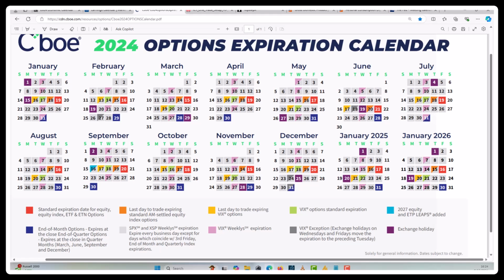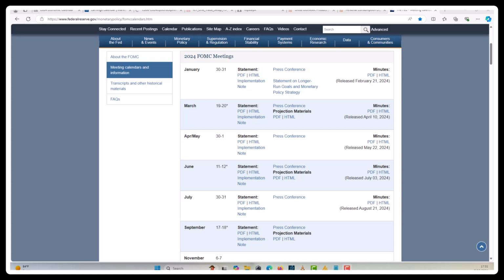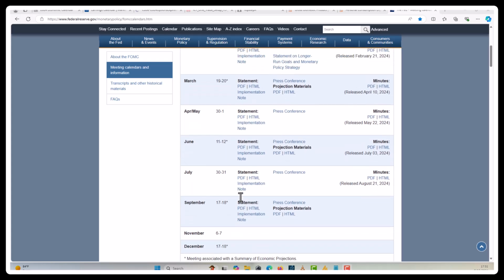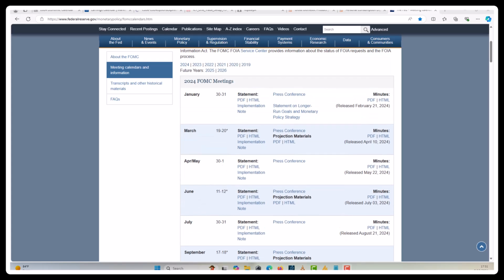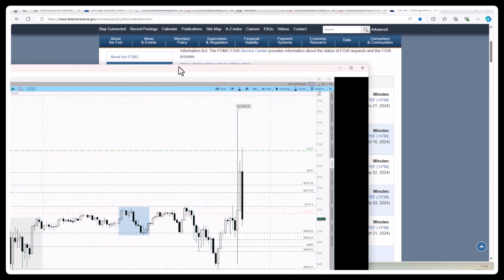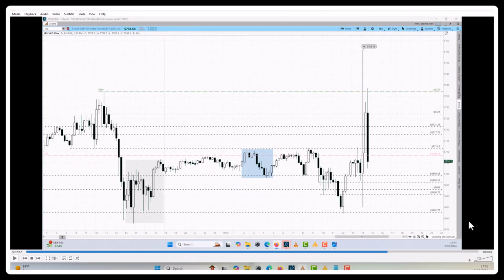Let's review the tape on that day to see. All right, so we want to show you the pattern related to the FOMC meeting. Look here, on July 31st and June 12th, we don't see that pattern, but on May 1st, we see the pattern, which is similar to yesterday. Here's yesterday.